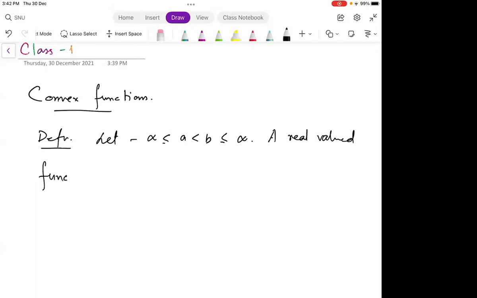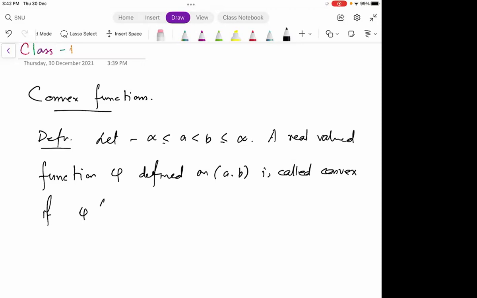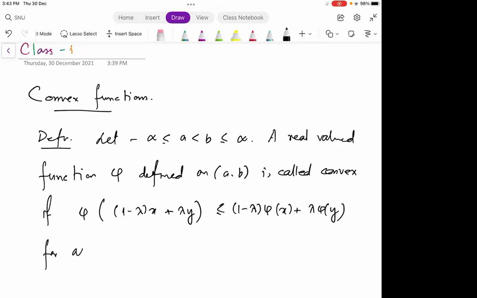A real valued function phi defined on (a, b), so phi is from (a, b) to R, is called a convex function if phi of (1 minus lambda) x plus lambda y is less than or equal to (1 minus lambda) phi x plus lambda phi y, for all a less than x less than b, a less than y less than b, and 0 less than lambda less than 1. So lambda is between 0 and 1.